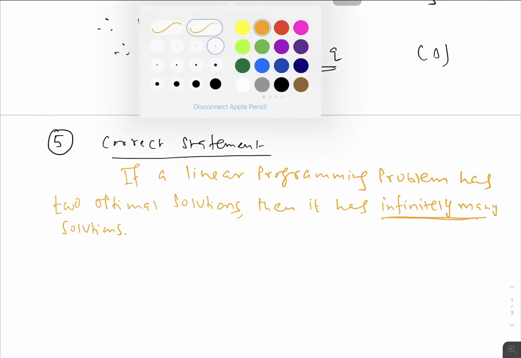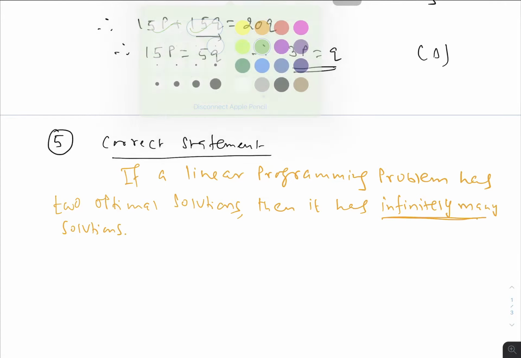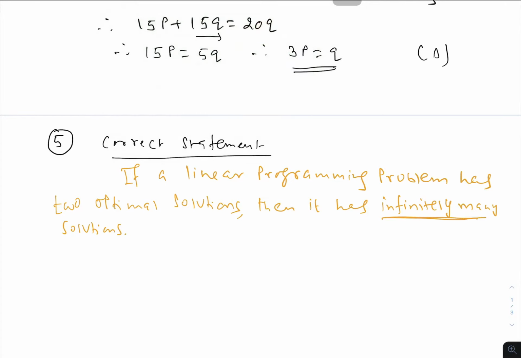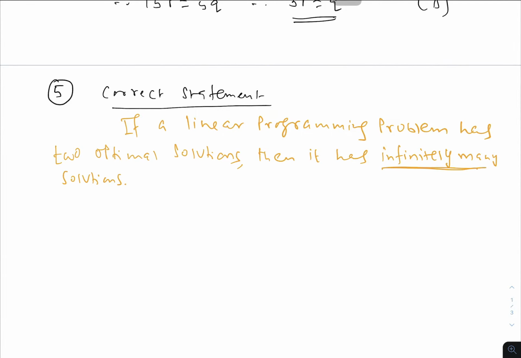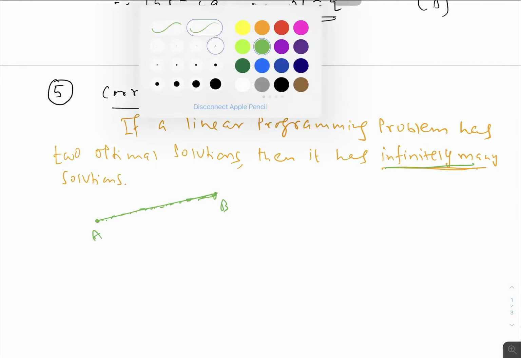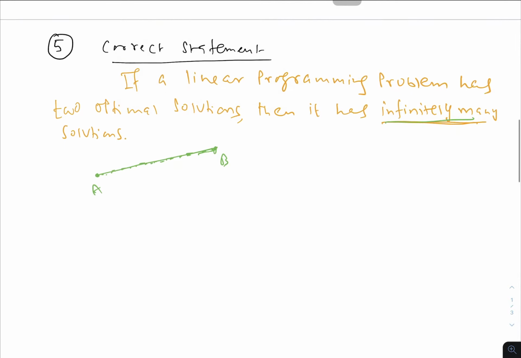So basically, if a linear programming problem is having two optimal solutions, say one is here, another is here, say at B, then any point you take on this line AB will be a solution, and therefore you can say that there are infinitely many solutions.